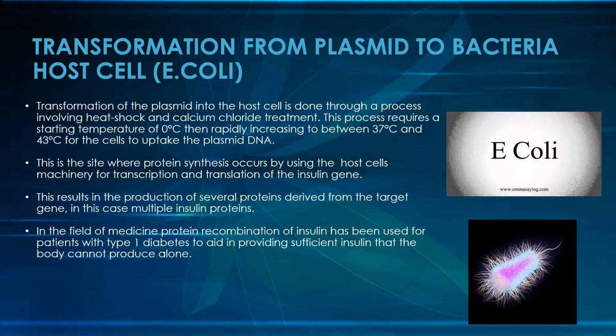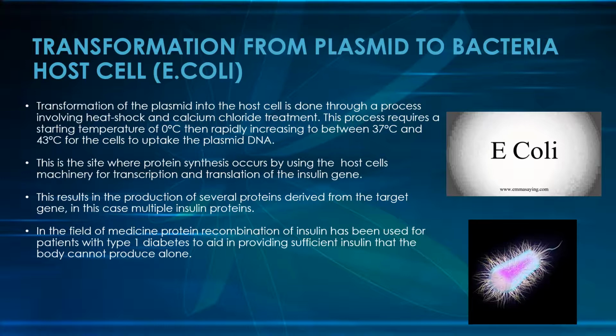So here we're going to talk about the transformation from plasmid to host cell, where the most common bacterial host is E. coli. Transformation of the plasmid into the host cell is done through a process involving a heat shock and calcium chloride treatment.